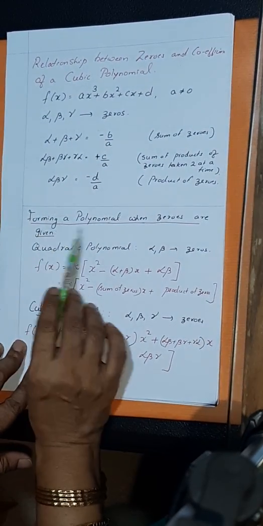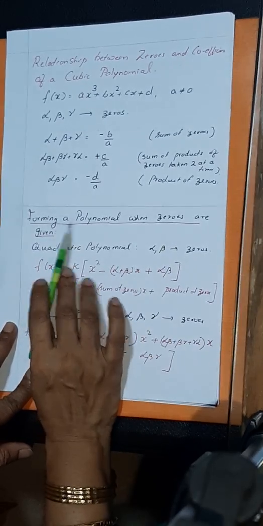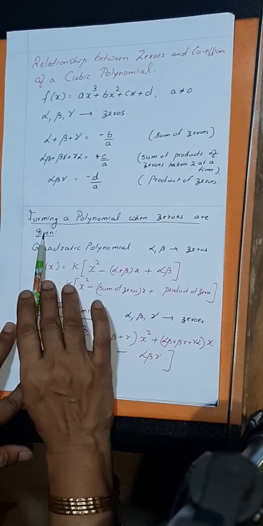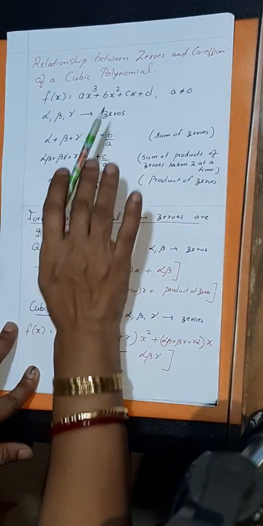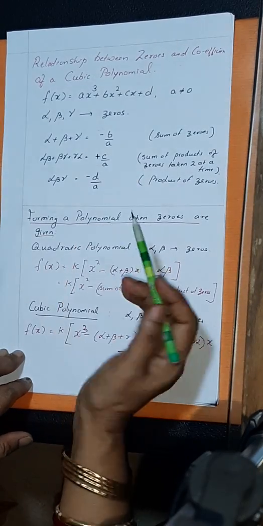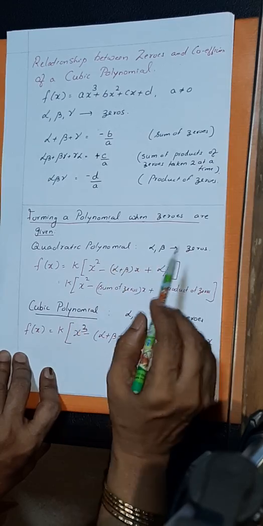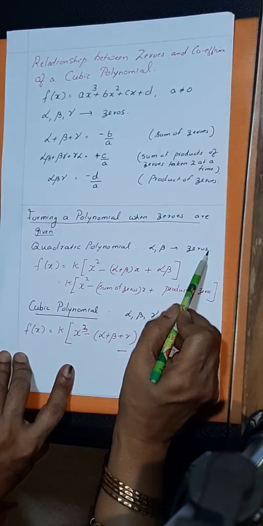Now coming to another variety of problems that you will be doing now: forming a polynomial when zeros are given. So if the equation is there, from there you found the zeros. Now the zeros are given, you can find the quadratic polynomial. So let alpha and beta be the zeros which are given.